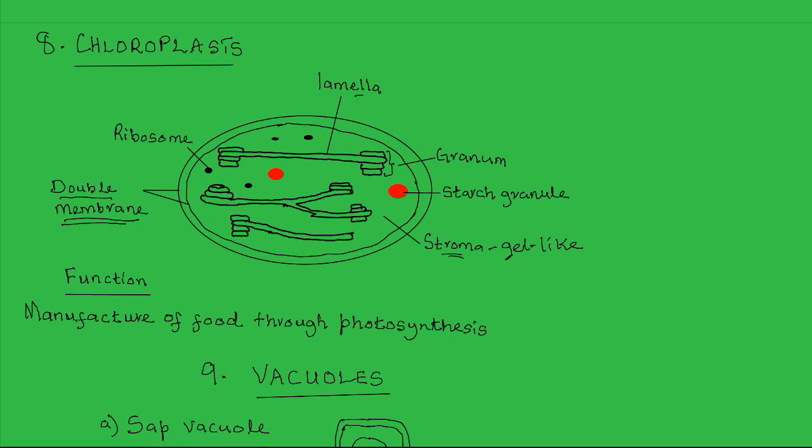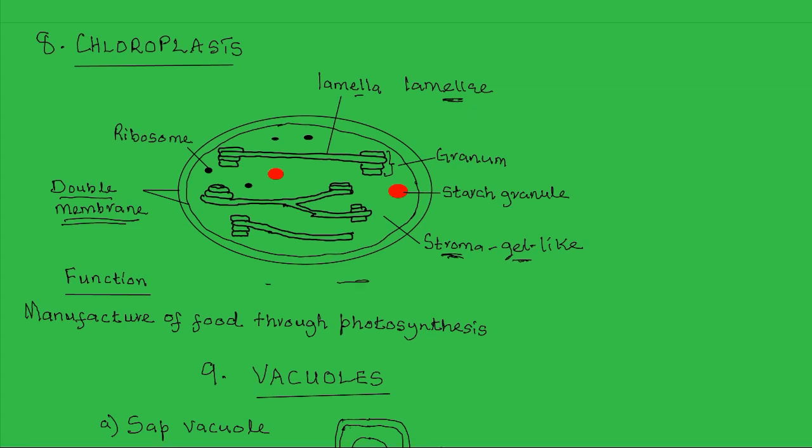Lamella is singular. When there are many, they are referred to as lamellae. So within the stroma, that is gel-like, semi-fluid, there are numerous lamellae that run along the length of the chloroplast.